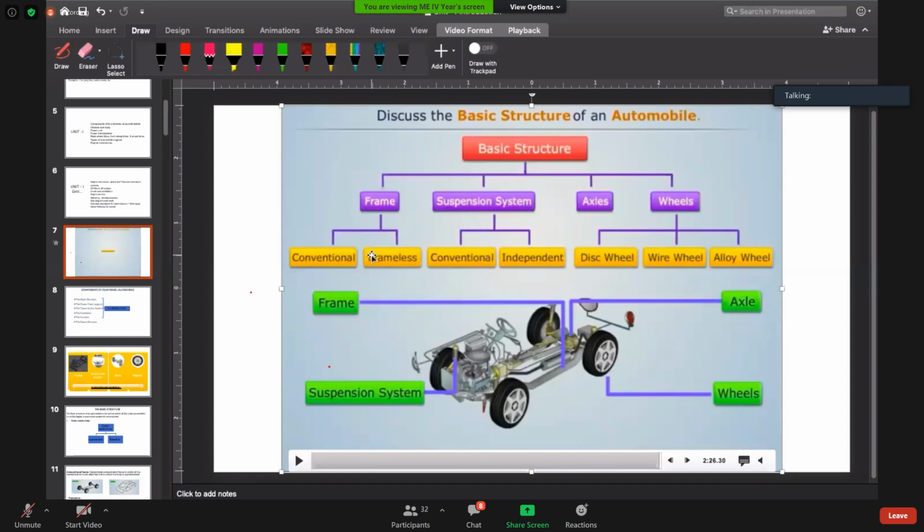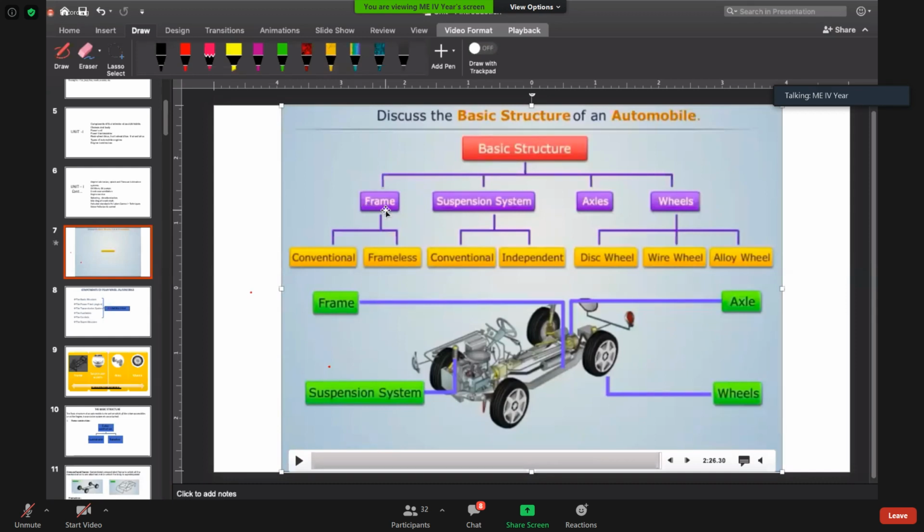In conventional, a structure is cast, and all the mounting parts are on it, which bears all the loads of the vehicle. So this is about your frame.